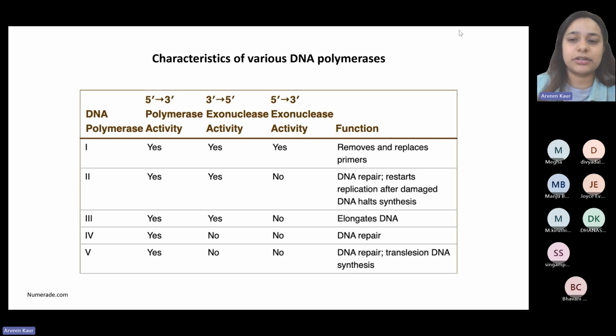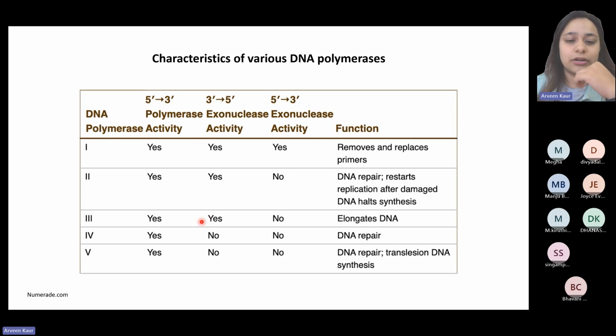Then I have put in this table that represents the characteristics of various DNA polymerases. So, the eukaryotes, all of them have 5' to 3' polymerase activity. That is why they are characterized as polymerases in the first place. While a few of them can also have 3' to 5' exonuclease activity, like the one that we were describing.